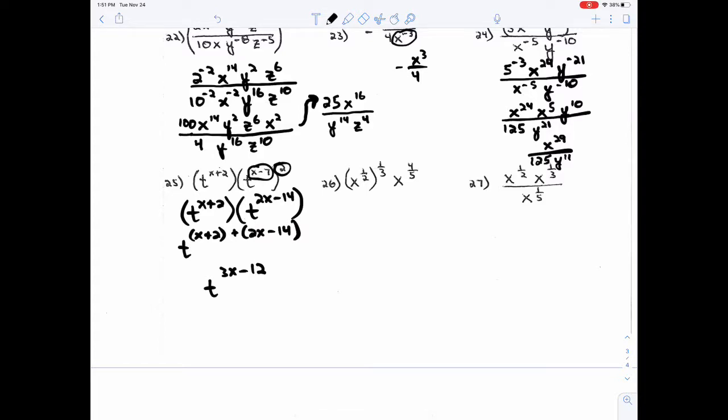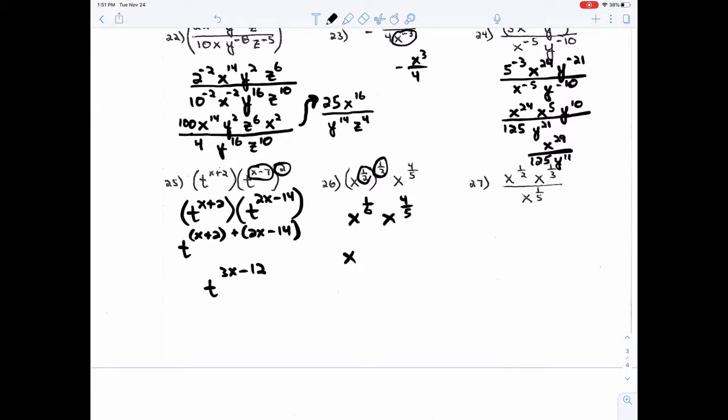Okay, here we're going to multiply first. So I multiply the half and the 1/3. And if you multiply a half and a 1/3, you get 1/6. Now, when you multiply, you add the exponents. So I'm going to add 1/6 and 4/5. But to do that, I need a common denominator.